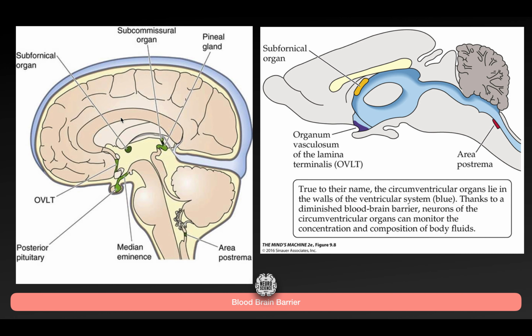Those are the big ones to know, unless you're going to be a neurophysiologist in endocrine signaling and the blood-brain barrier. You need to know your pituitary gland, your pineal gland, your area postrema, so the 3 Ps, right? If you know those, you know that the circumventricular organs, so they're around the ventricular system, are sampling the composition of bodily fluids to help modulate the endocrine system.